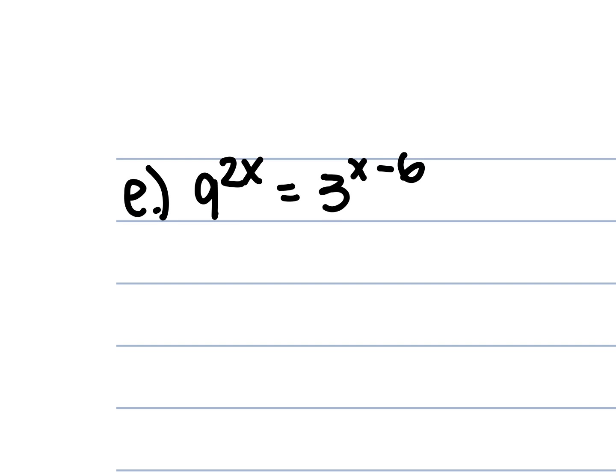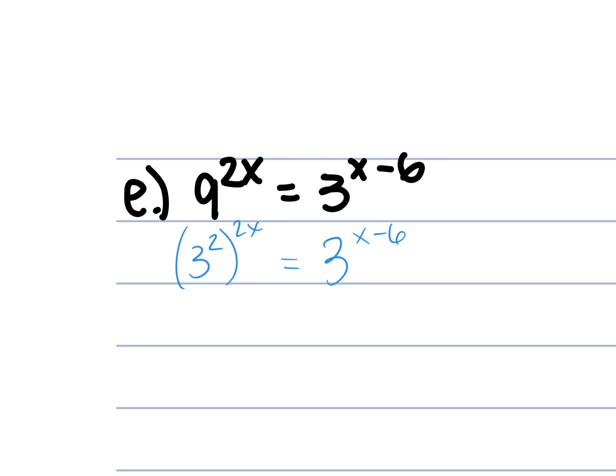Wait, no, I'm tripping. 3 squared. A 3 squared is correct, but it's on the wrong side. Where was the 9? On the left, right? So this becomes 3 squared, but we're raising 3 squared to the 2x. Do we touch this guy on the right? No, because what was its base originally? 3. Is that going to match? Yes, so we leave it 3x minus 6.